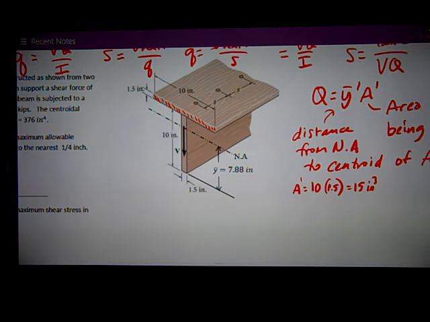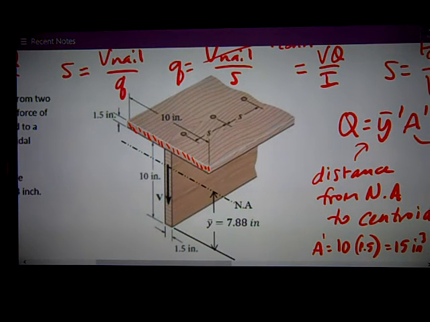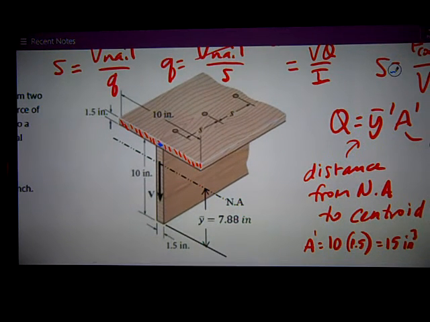Y bar prime is the distance from the neutral axis to that point. So the centroid of that board is right in the middle of that rectangle, half of its height. So that's 0.75 inches down from the top. It's also 0.75 inches from the bottom of the board.